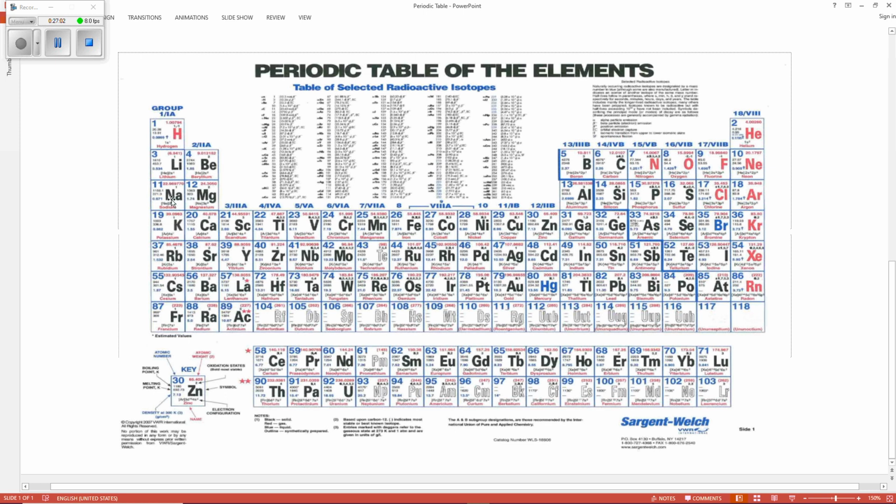I may give you several elements, let's say the second period, from number 3 to number 10. If I give you the names of a few elements, I may ask you which one is the most active metal. You're going to choose the first one, right? Because alkalis are the most active metals. If I ask you which one is the most active non-metal, you should choose that one, right?